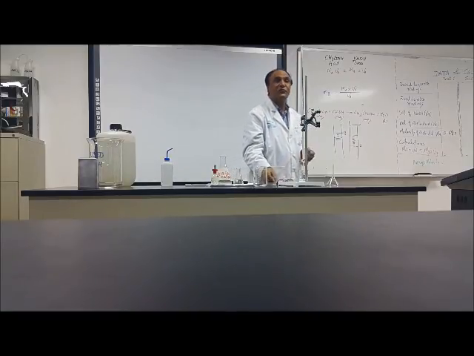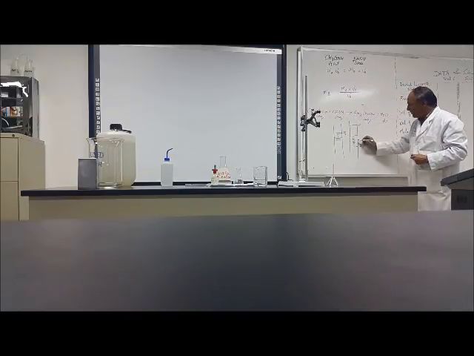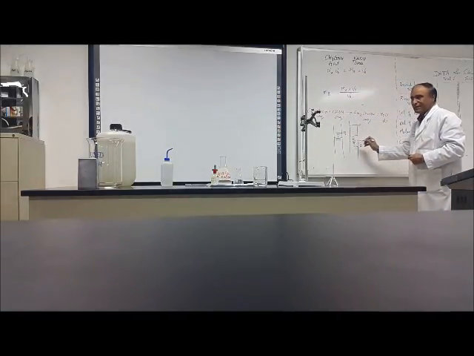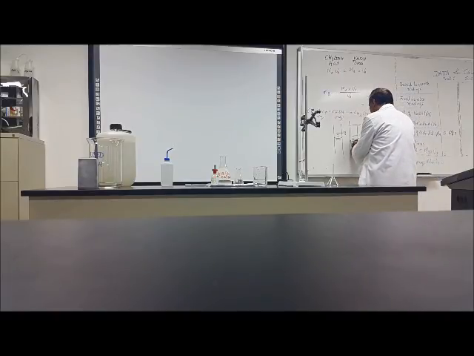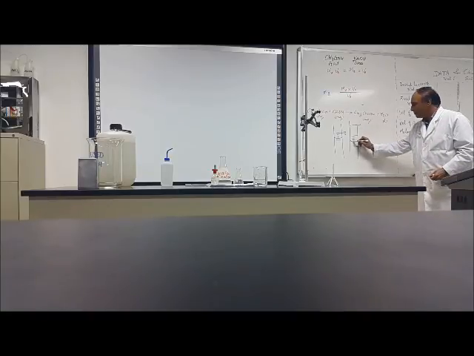And now I see it is 1.6. This is the 0.5 and down is the 6. The meniscus is like that. This big line and one below, so this is equal to 1.6.